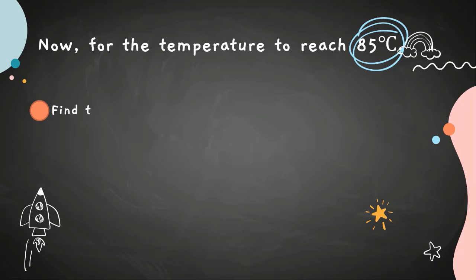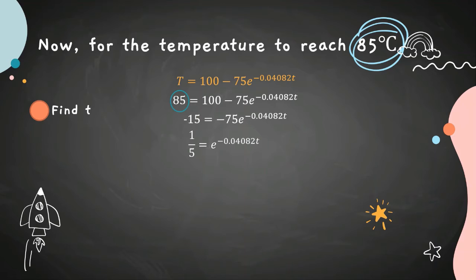Now we will find the time taken for the metal bar to reach the temperature of 85 degrees Celsius. First, the equation is T equal to 100 minus 75 e to the power of negative 0.0408t, and T is 85, equal to 100, which is the temperature of the surrounding medium, minus 75 e to the power of negative 0.0408t.